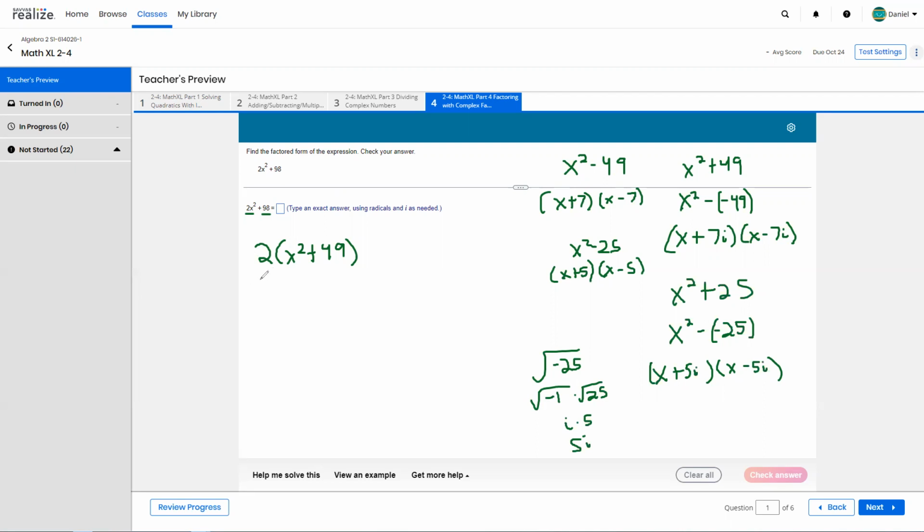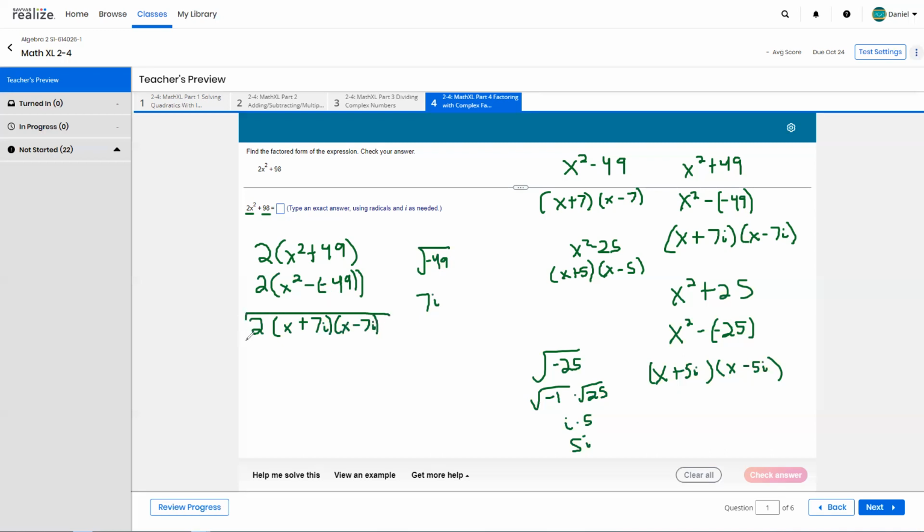So for our 2 times x squared plus 49, we change this to minus negative 49. Then we get x plus the square root of negative 49, which is 7i, so plus 7i, and then x minus 7i.